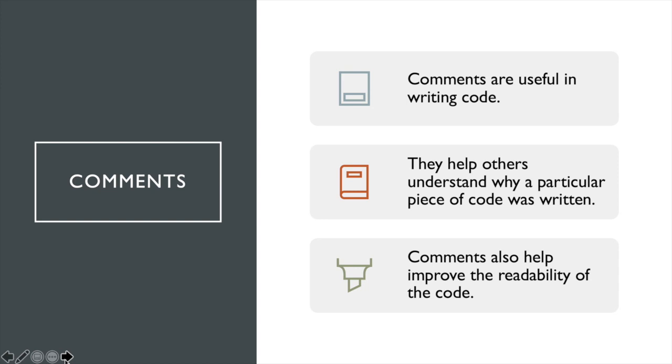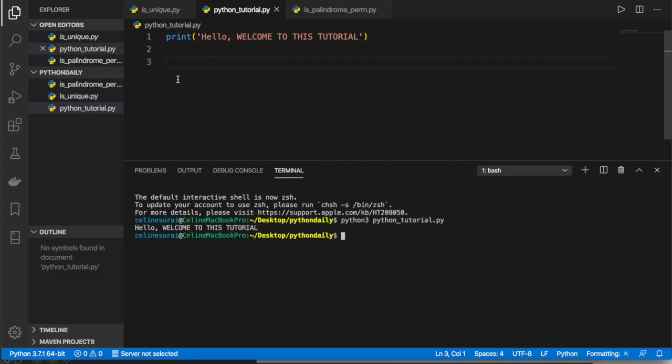The comments are what would tell the person what the code that I have written is doing. Comments also really help when it comes to improving the readability of the code. As a good programmer, it's good that you practice to always write comments when it comes to writing your code.